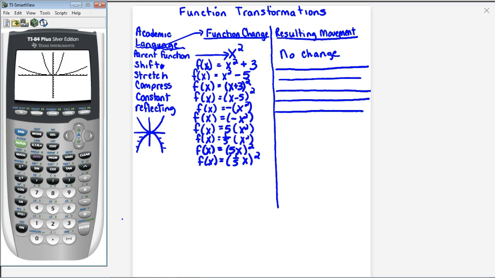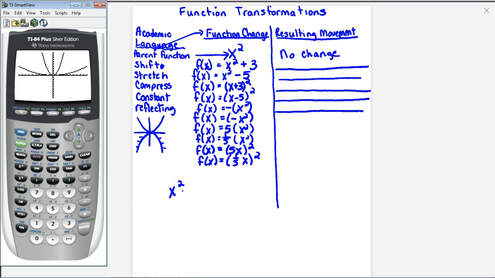And should we do one large practice one right now? Because we can combine some of these. So let's make one. Let's take x squared, okay? And here's what I want you to do. Take x squared.